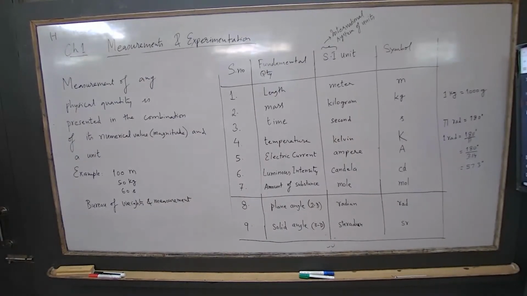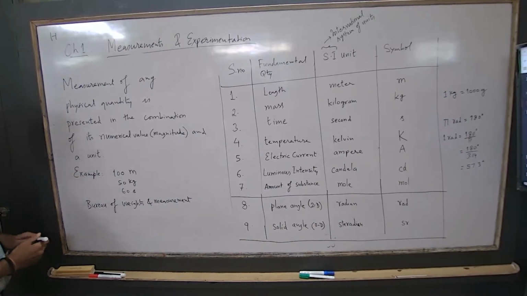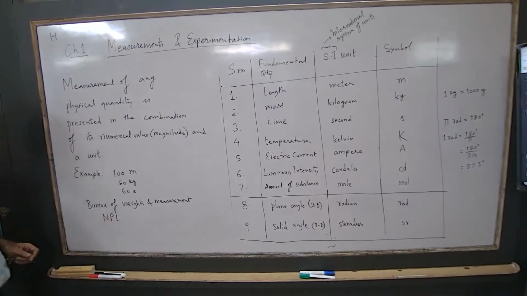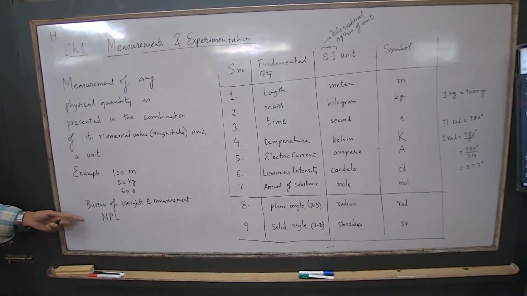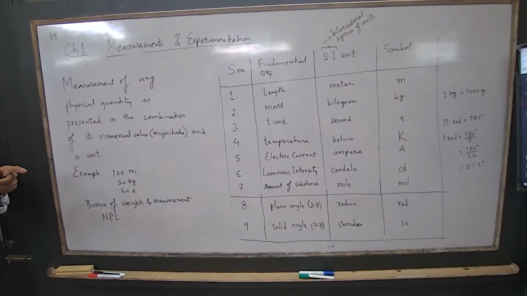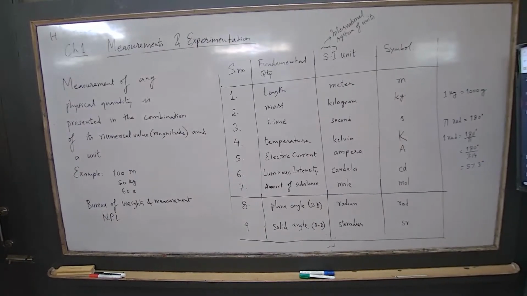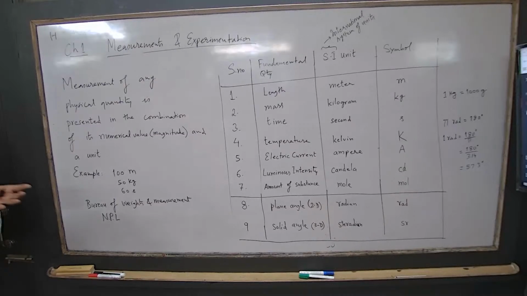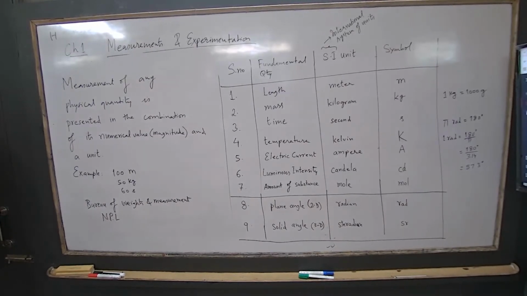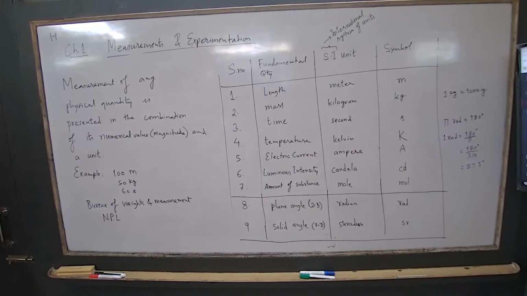Like in India, we have the National Physical Laboratory, NPL, which keeps all these measurements. What is 1 meter? How much mass is 1 kilogram? Somebody has to decide, somebody has to fix it, right? Then only you can compare against it. Not only in our country, all the countries will have to agree on it.